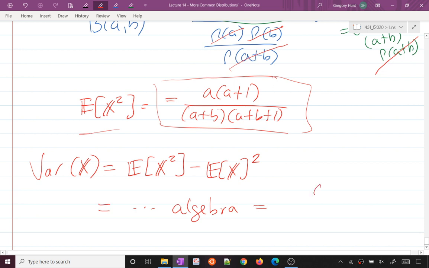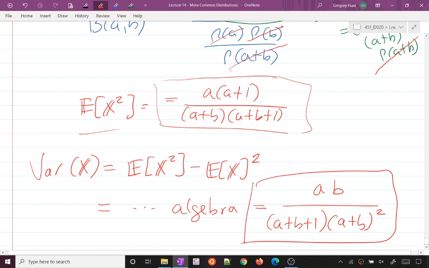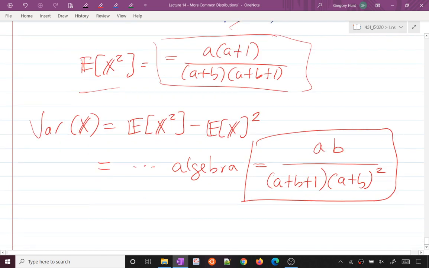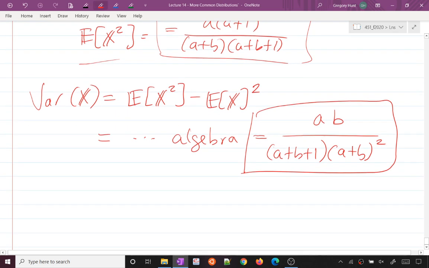There's some algebra. You can show it has the following form: ab over a plus b plus 1 over a plus b squared. And that's my variance. So there's a formula for variance. If you look up the formula for variance of a beta random variable, that's what you get, and that's how you get it. Not the most interpretable thing in the world, but it is what it is. That's the variance there. Okay.